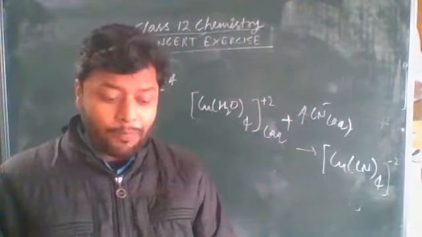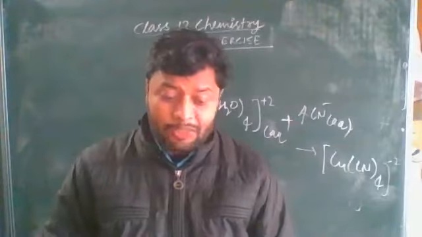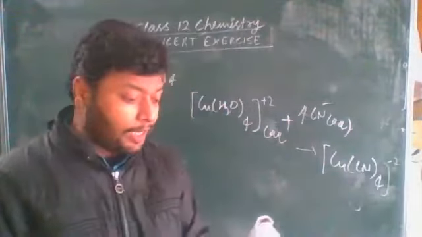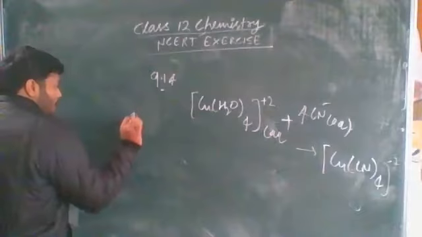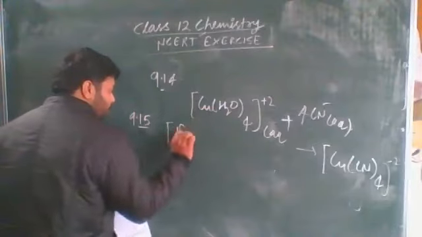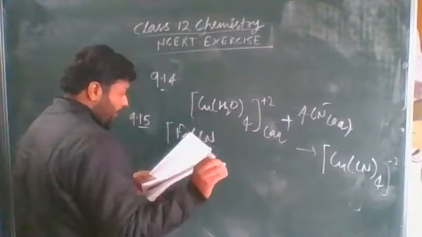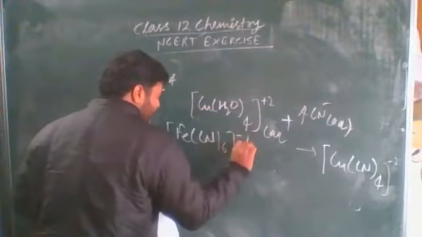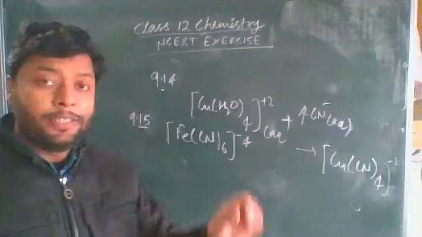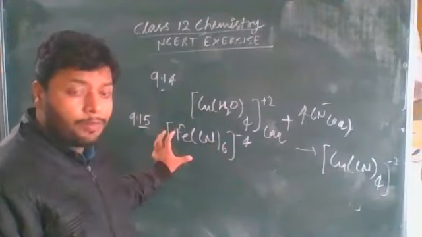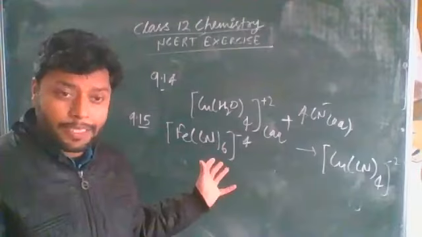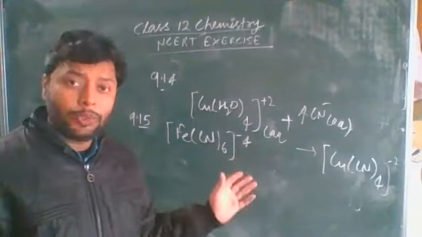Next one is 9.15. Discuss the nature of bonding in the following coordination entities on the basis of valence bond theory. The complexes are [Fe(CN)6]⁴⁻. On the basis of valence bond theory, you should first give the idea of inner complex and outer complex, magnetic behavior, paramagnetic or diamagnetic, and hybridization, sp3d2 or d2sp3.